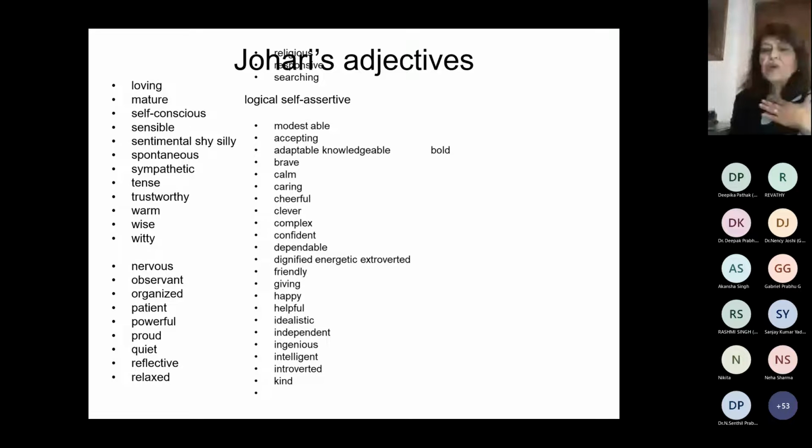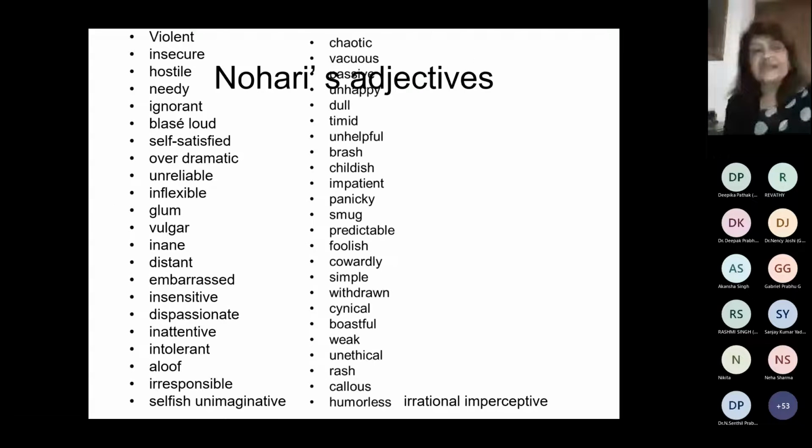How I see myself from these adjectives, you tick mark. And the second is how others see me, and give it to somebody. We do it in class. I do it in class. How others see, and those people tick mark. And then we see the gap.